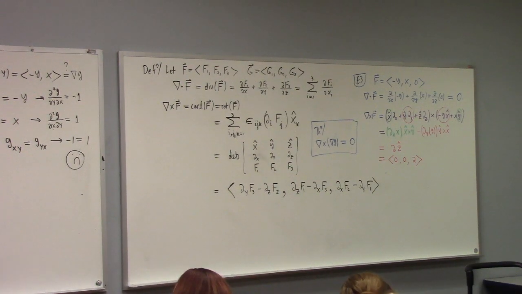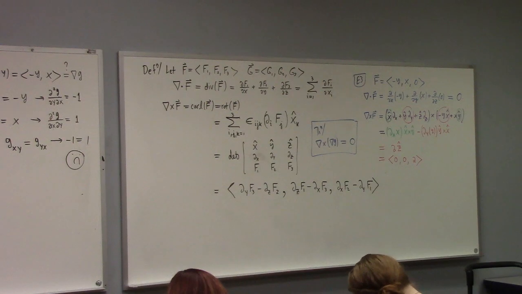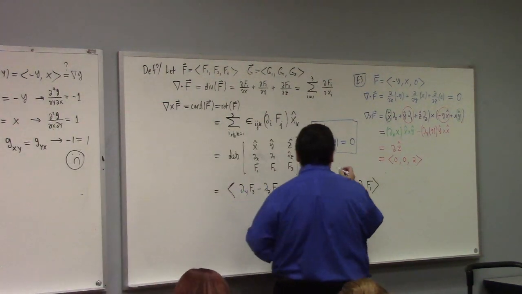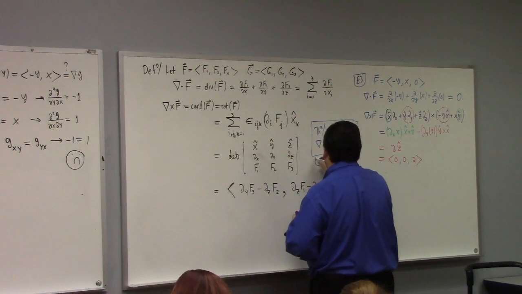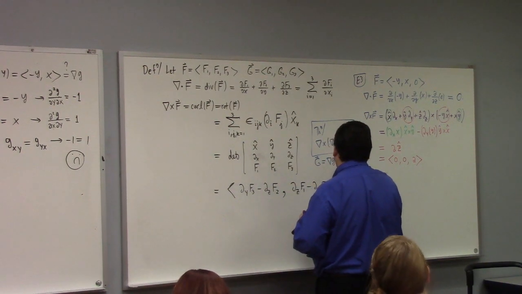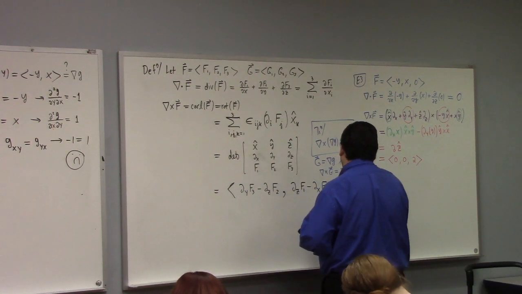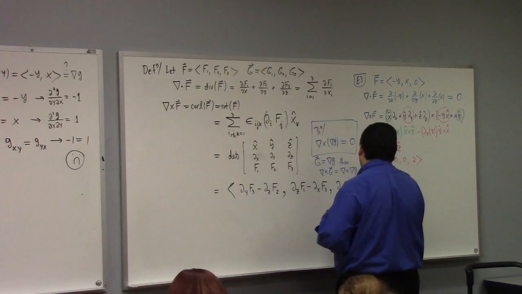If a vector field is conservative, it's equal to the gradient of a potential function, right? So if the vector field is the gradient of a potential function, then what's the curl of that vector field? So if G is equal to the gradient of g, then the curl of G is the curl of the gradient, which is equal to 0, right?